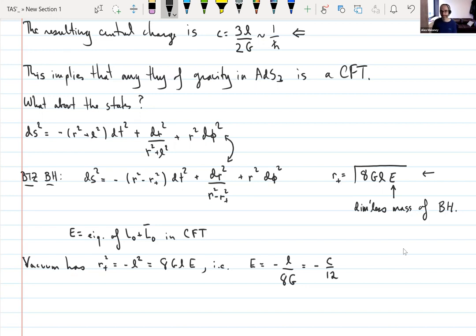Okay. What's minus C over 12? We encountered that last lecture. Minus C over 12 is the energy of the ground state of a CFT on a cylinder. Okay. So this is just the Casimir energy of a CFT on a cylinder.